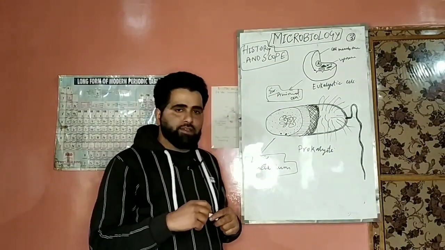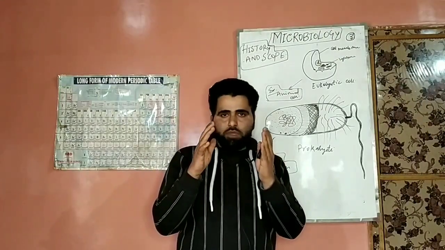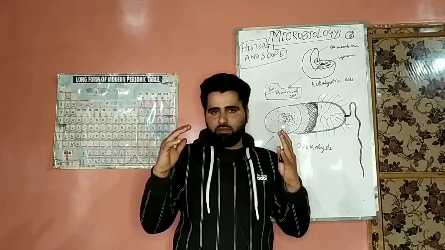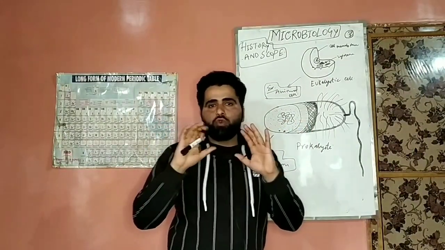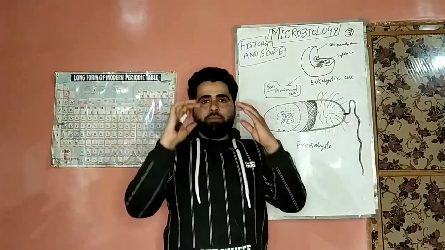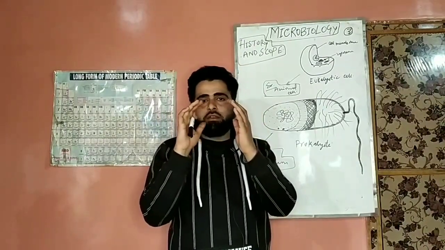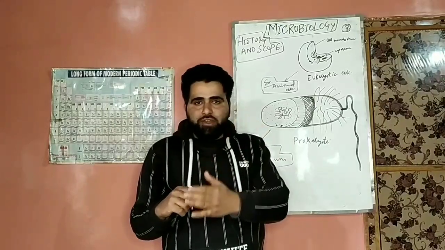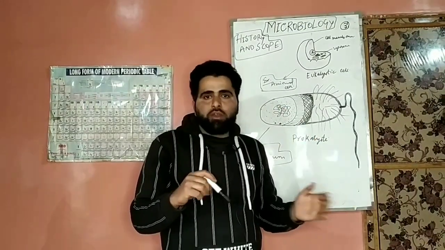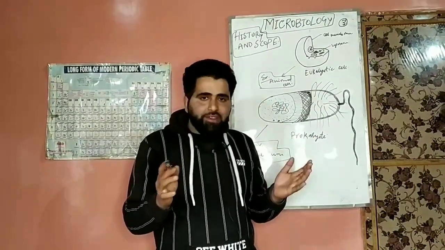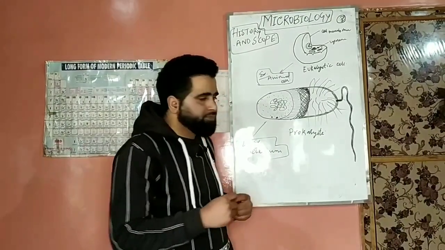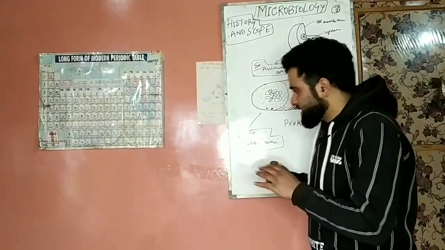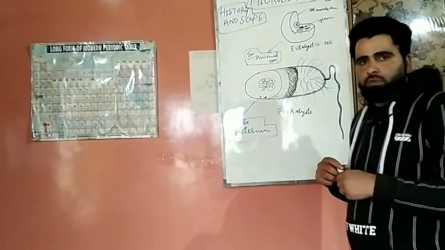As I told you in the example, like you are going to make your house. In that house, you are designing different sets of rooms: dining hall, study room, washroom, kitchen, etc. Likewise, in the eukaryotic cells, there is compartmentalization.